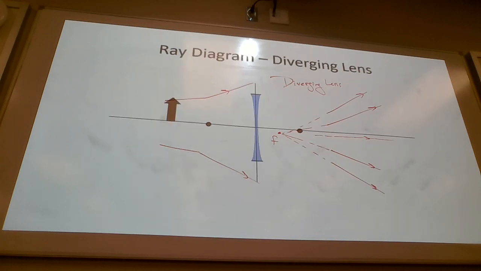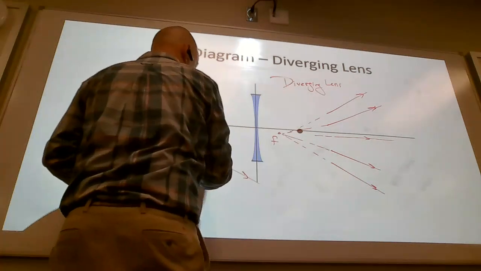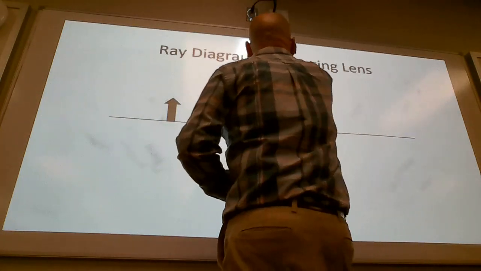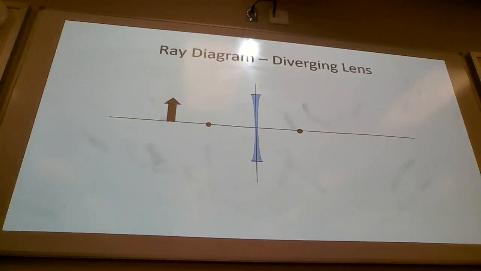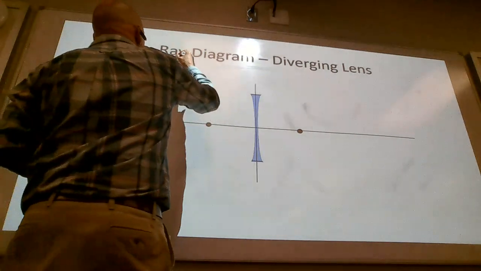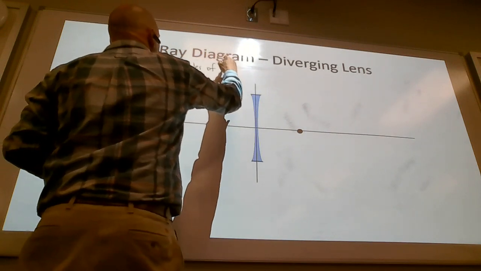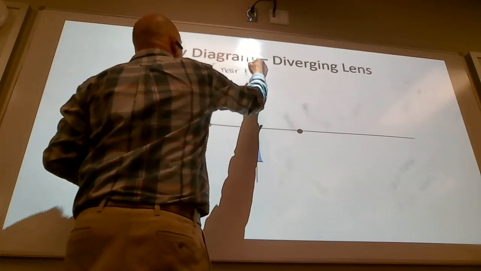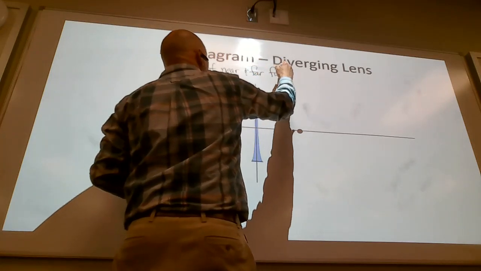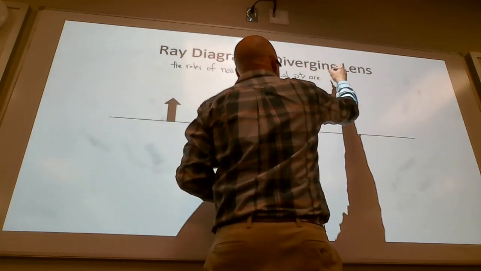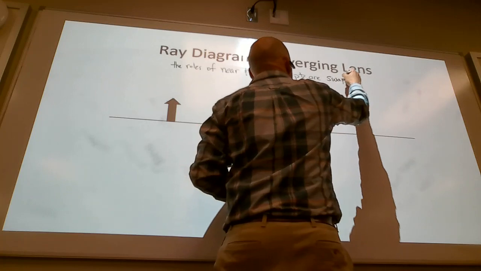All right, here's the ray diagram for a diverging lens. So, in general, for a diverging lens, the roles of the near and far focal points are swapped or flipped.